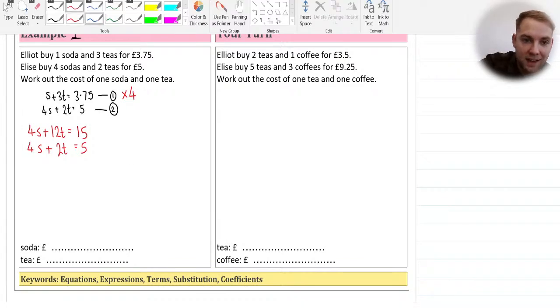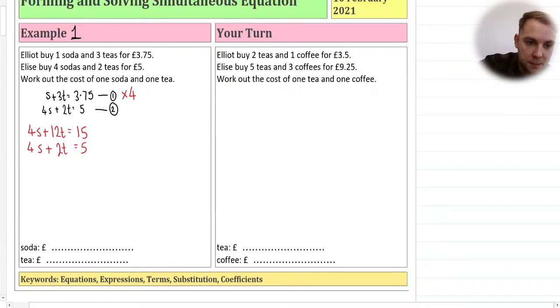So I circle s here, and I'm thinking, is the sign on s the same or is it different? Well, we can see that they're both positive 4s. So if I want to eliminate, I need to subtract the equations. So 4s take away 4s is equal to 0. 12t take away 2t is equal to 10t.